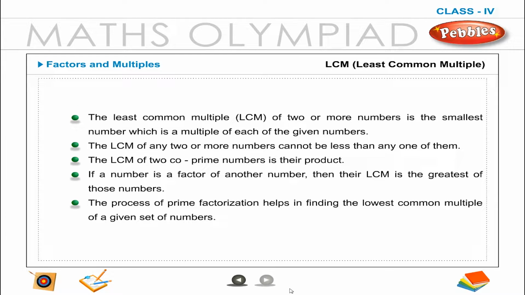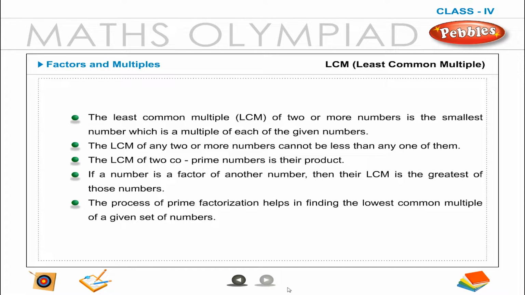LCM, least common multiple. The least common multiple, LCM, of two or more numbers is the smallest number which is a multiple of each of the given numbers. The LCM of any two or more numbers cannot be less than any one of them.